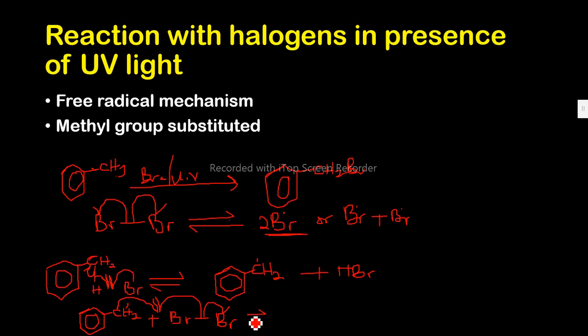And so what shall we form? Then we shall form the phenyl bromomethane, sorry. Did you give the IUPAC name? What did you get? So this is our phenyl bromomethane plus the bromide radical.